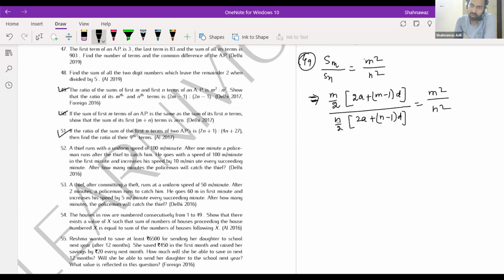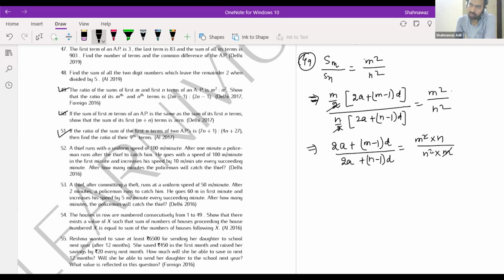So this 2 and this 2 cancel, right? And this n goes over here, this m goes over here. So we have 2a plus m minus 1 into d, and 2a plus n minus 1 into d, equal to m squared into n divided by n squared.